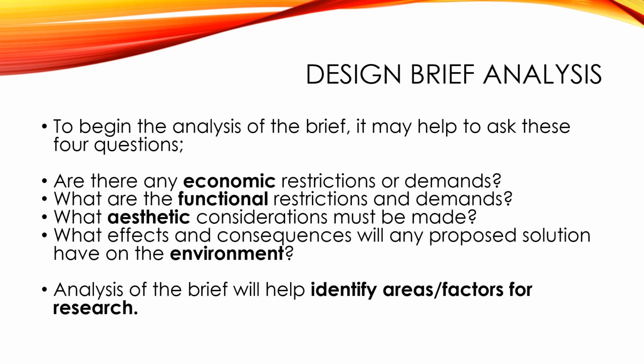A whole number of things can be identified from the brief that give us areas to research, and it's with that research that we'll be able to produce a quality specification, which ultimately will help us to design a successful product. So in our next lesson, we will look at research techniques, and following that we will look at how we use that research to build a successful quality specification.